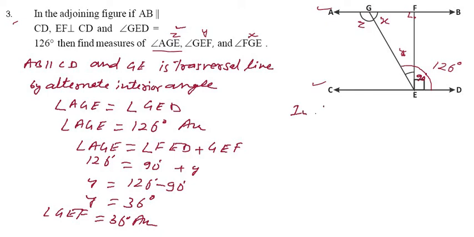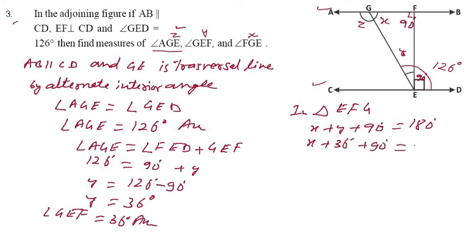Now in triangle EFG, the angle sum is 180 degrees. So X plus Y plus 90 degrees, this angle is 90 degrees, and the whole angle sum is 180 degrees. Now put the angle of Y, which is 36 degrees, and here 90 degrees is equal to 180 degrees.